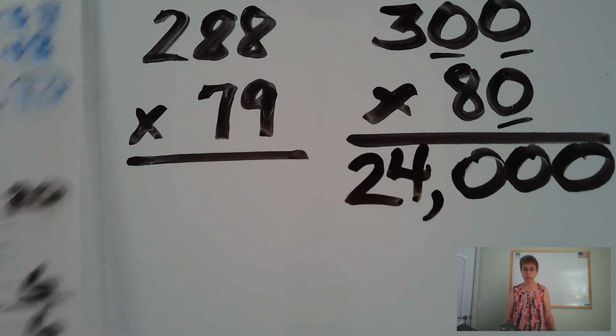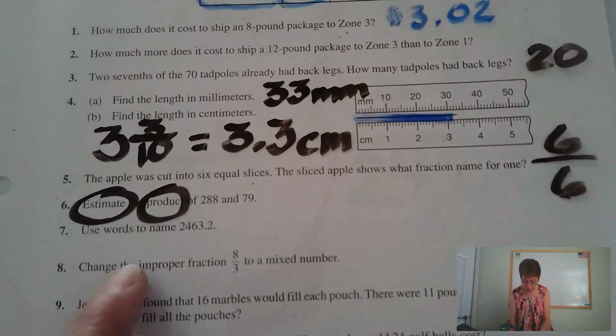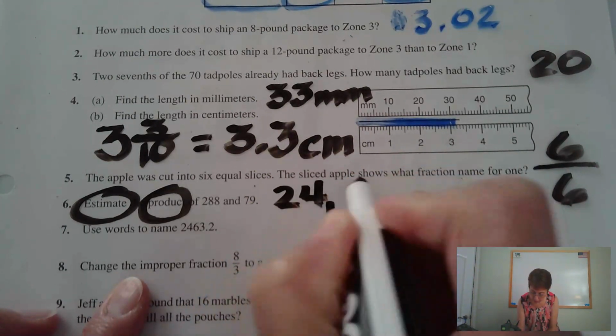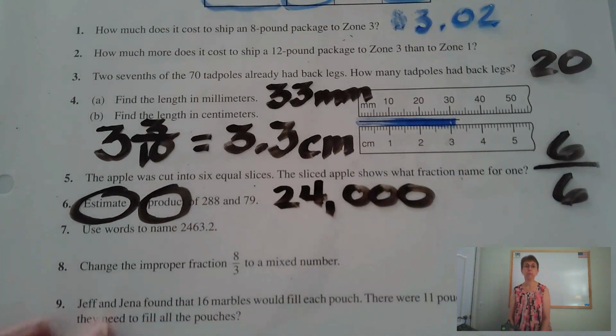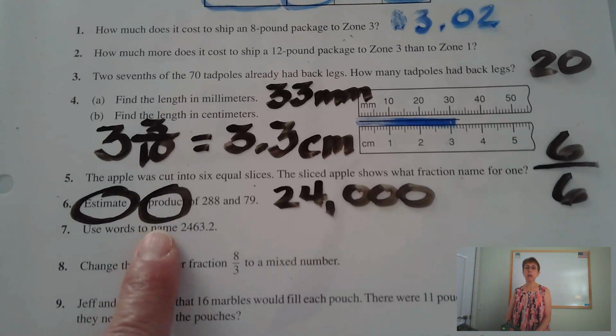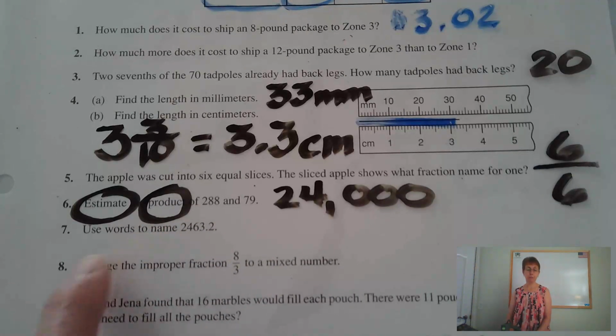So the estimated product of 288 and 79 is 24,000. It does not ask you to do an exact problem. It asks for an estimate. And again, you need to know that to estimate, you have to round the original numbers. And a product is the answer when you multiply.